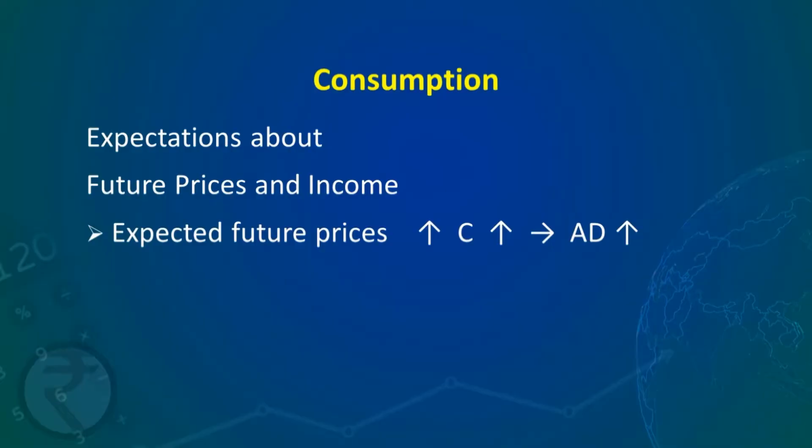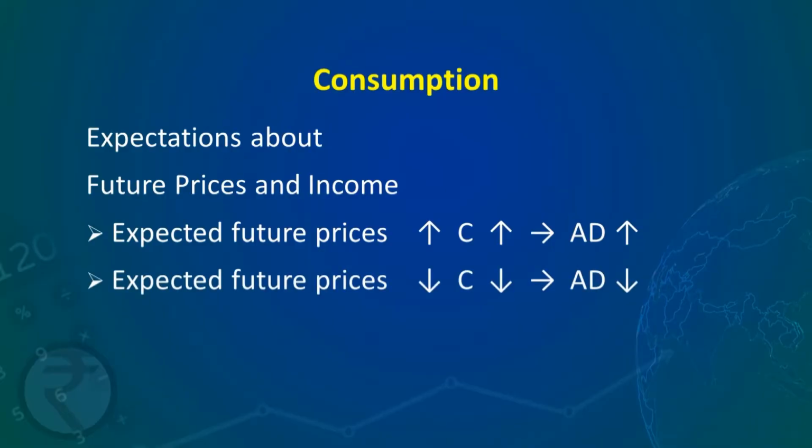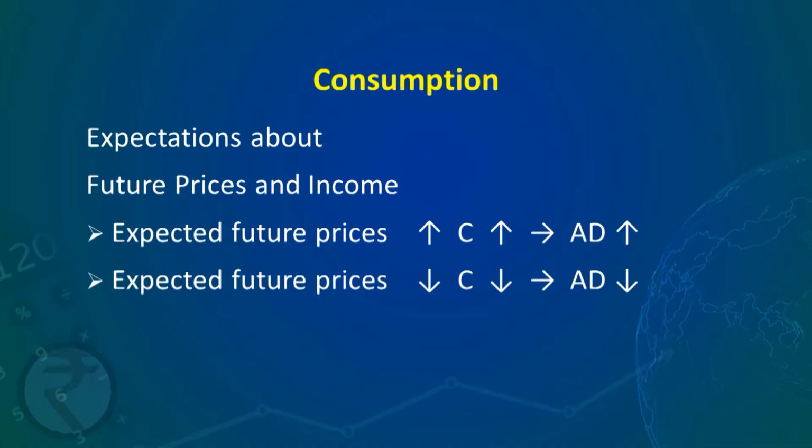Because they think that in the future prices will rise, so they start buying more today. This leads to increased consumption and aggregate demand rises. If the expected future prices are going to fall, then they will buy more in the future, because they would not like to buy today, they will postpone their consumption. So consumption falls and aggregate demand also falls.